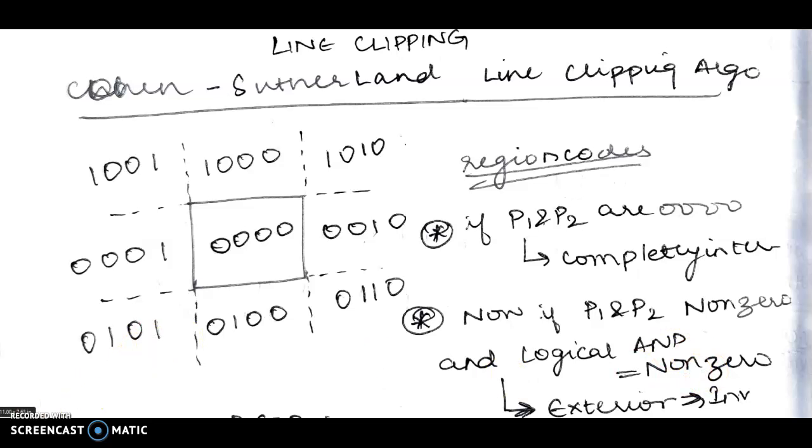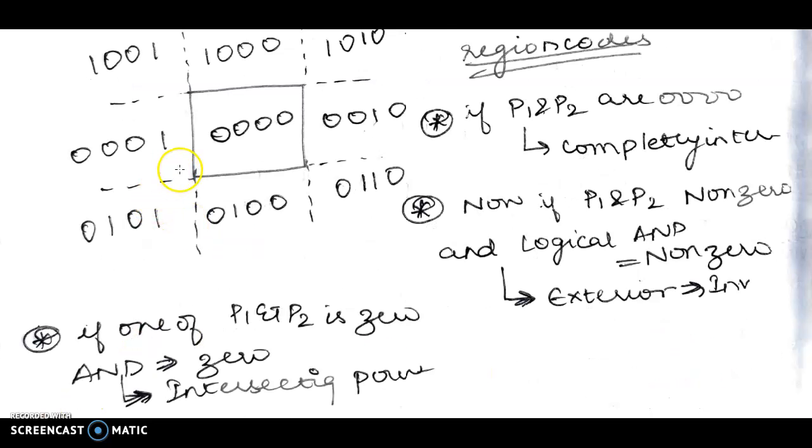At that time you have to check whether the AND operation is 0 or not, and if the AND operation gives 0, you can say that there is an intersecting point in the window. For example, we have taken the point P1 here and point P2 here. If you connect this line, you can see there is an intersecting point with the window. So you need to find this intersecting point. You can infer this from the Cohen-Sutherland algorithm.